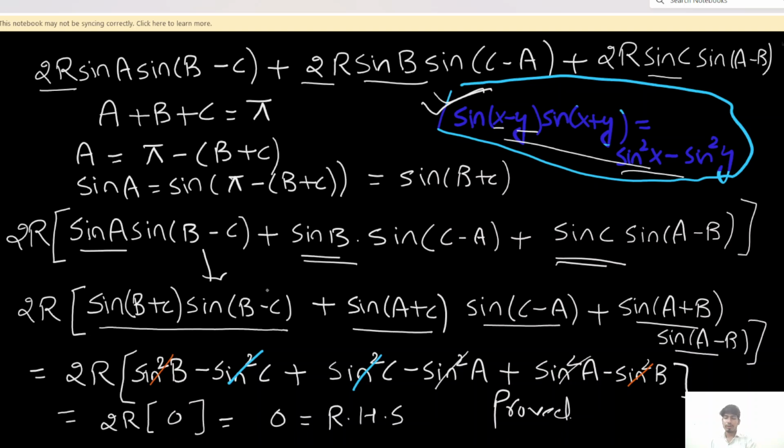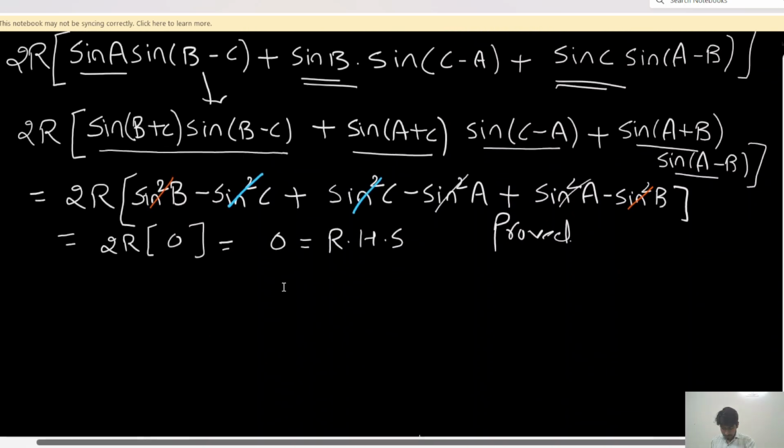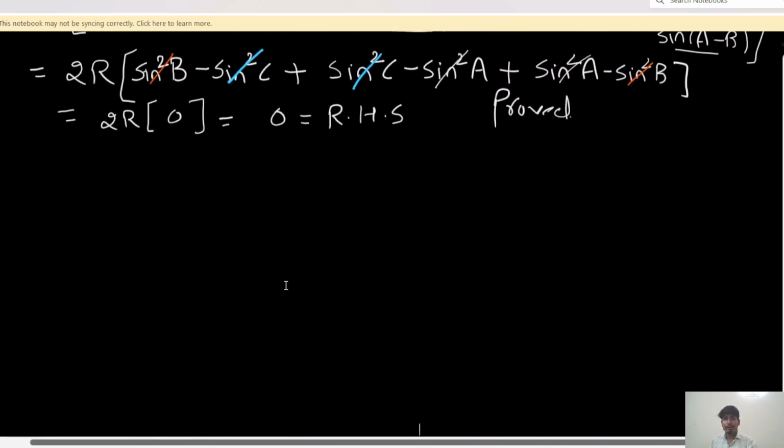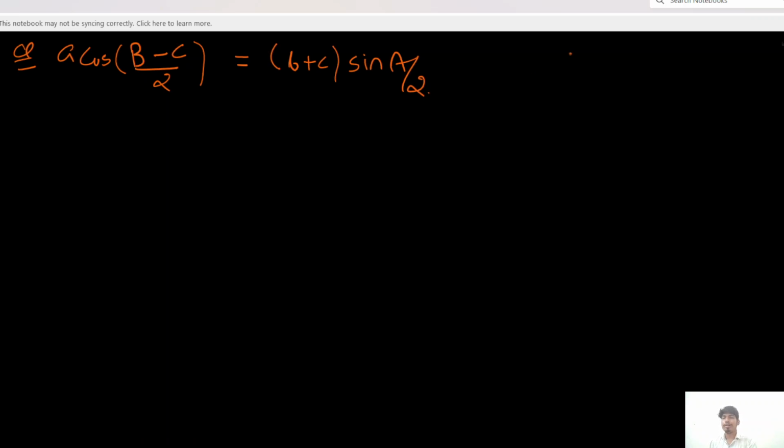Now we do another question. What is our next question? Next question is: prove that a into cos of b minus c upon 2 is equal to b plus c into sine of a upon 2, in triangle ABC.